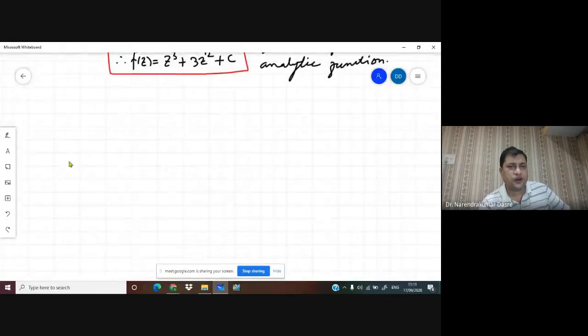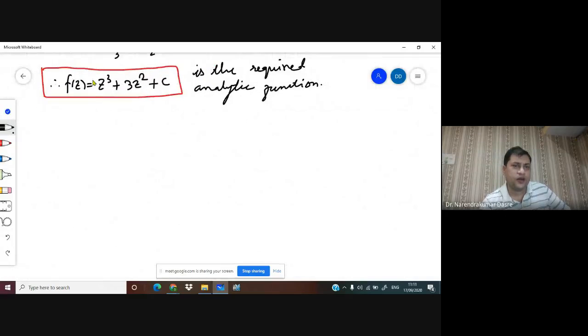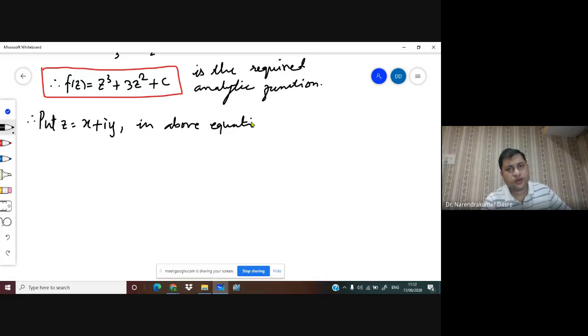Okay, so for the harmonic conjugate, we need to put z is equal to x plus iy in all equations. So what will we have here? See, this is f of z.